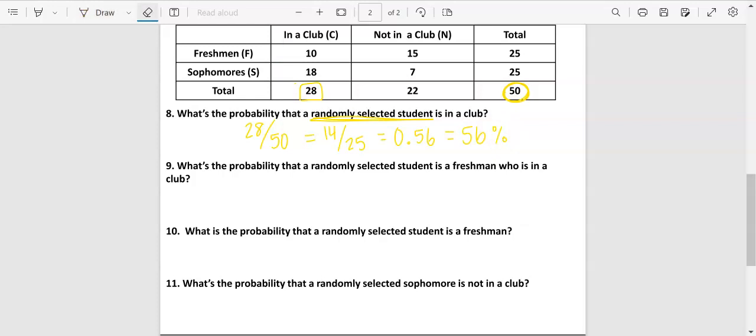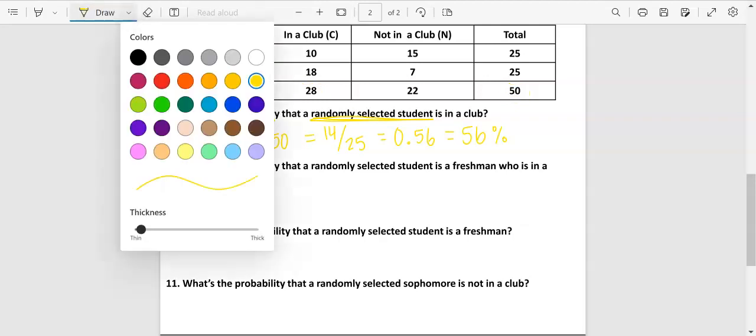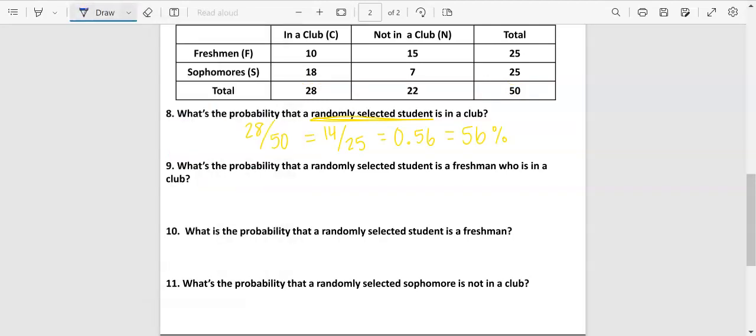So now let's look at our next question. It also says a randomly selected student. Randomly selected student means we're pulling from the total of all 50 people. So of all 50 of those people, how many are a freshman who is in a club?